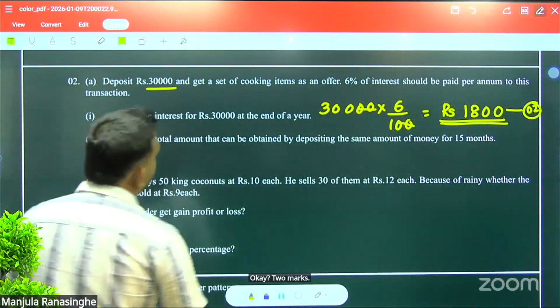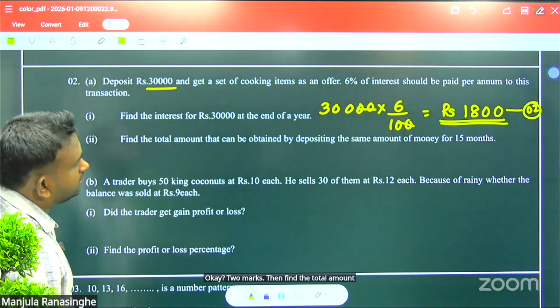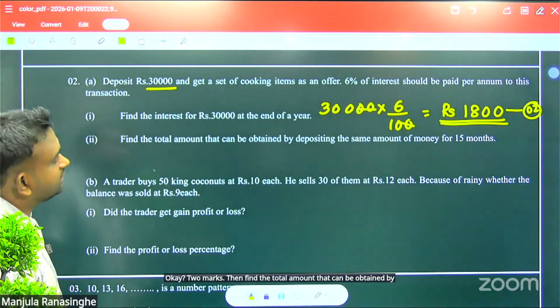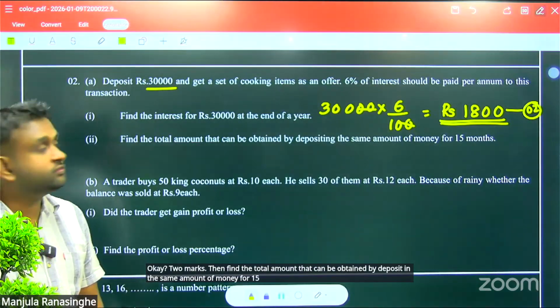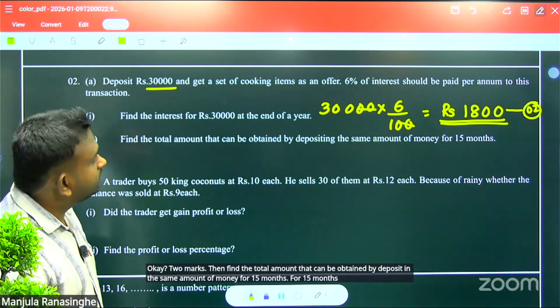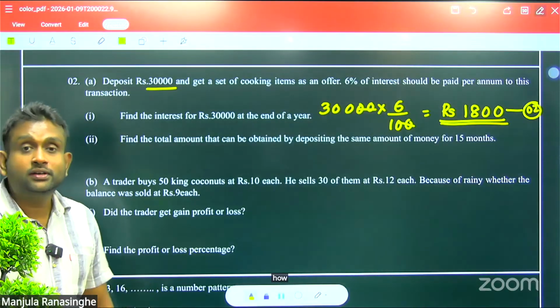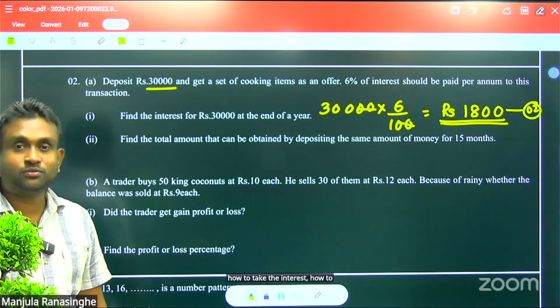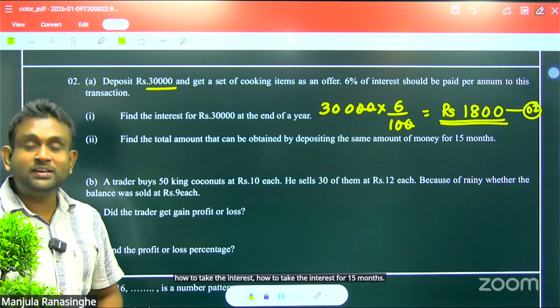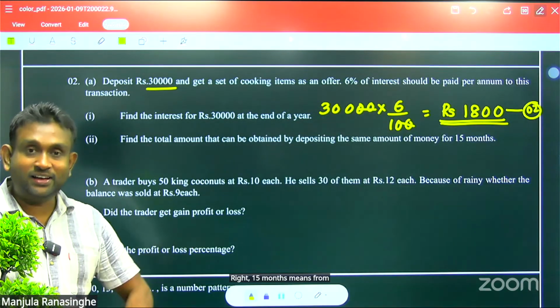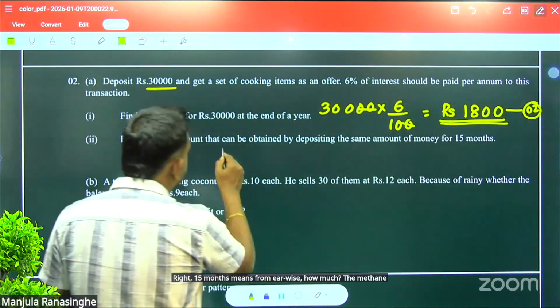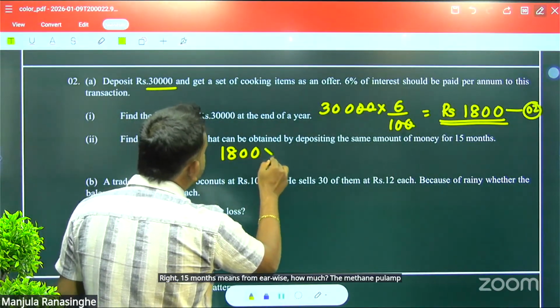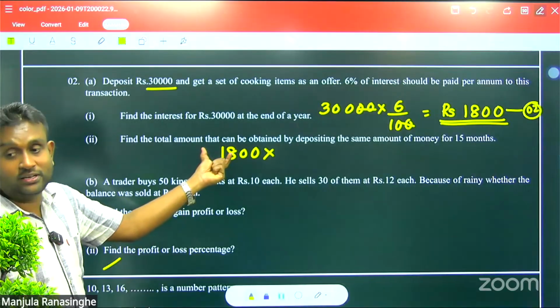Then find the total amount that can be obtained by depositing the same amount of money for 15 months. How to take the interest for 15 months? We can take it per year. 1800 is the interest per year, per annum.